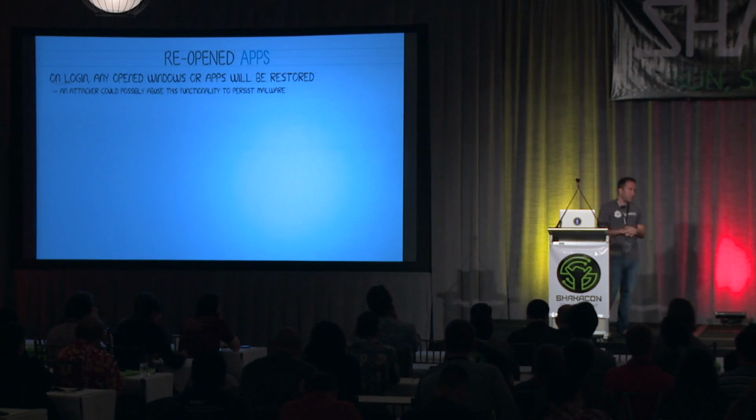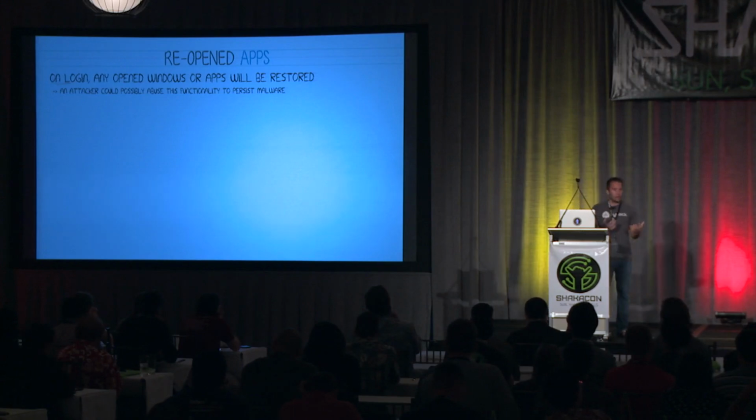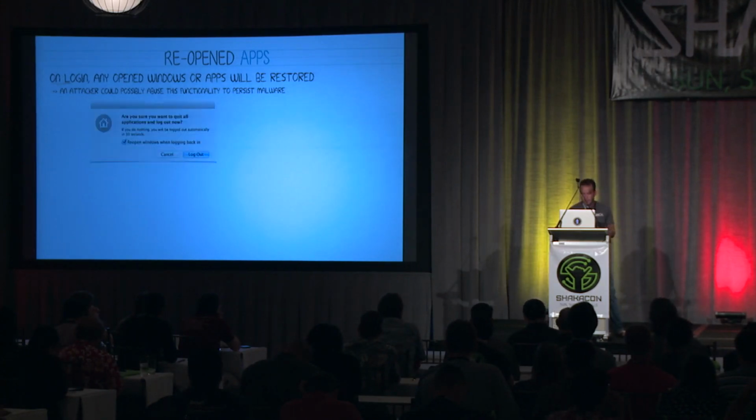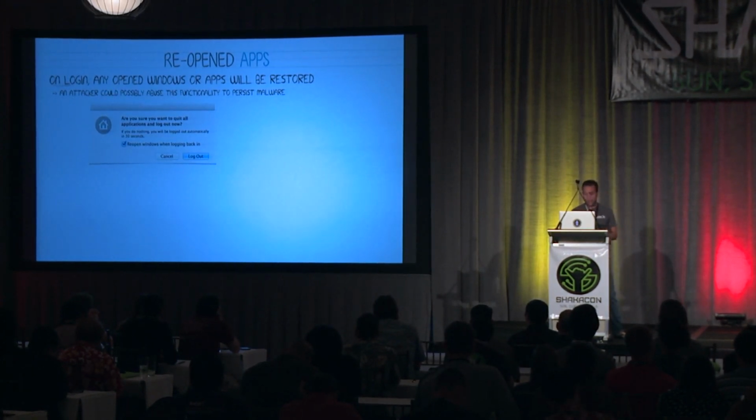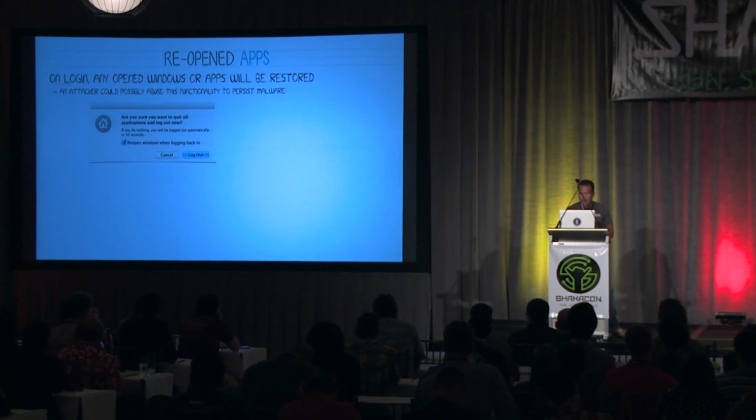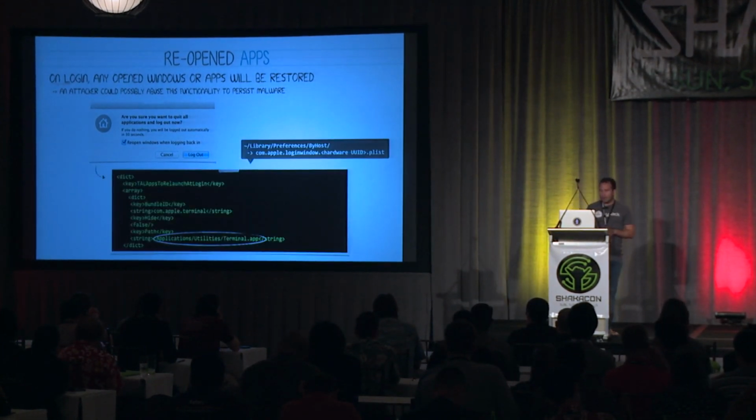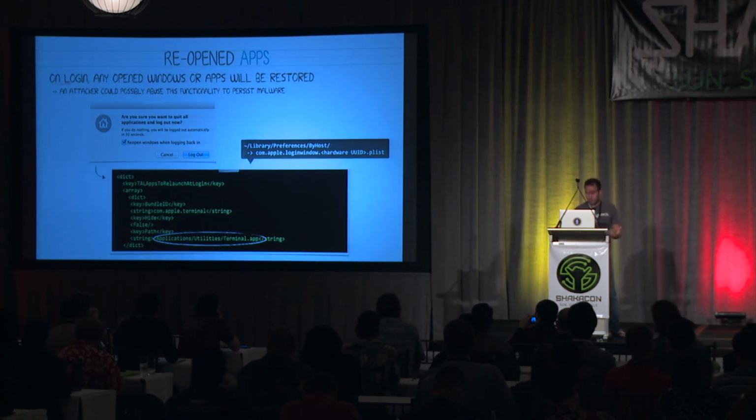Those of you that use Macs probably enjoy the feature where whenever you log out and then log back in, any apps that you had open are automatically reopened. This is the default behavior on OS X Mavericks, unless you uncheck that button when you log out. And apps that are going to be automatically reloaded are stored in yet another plist document.